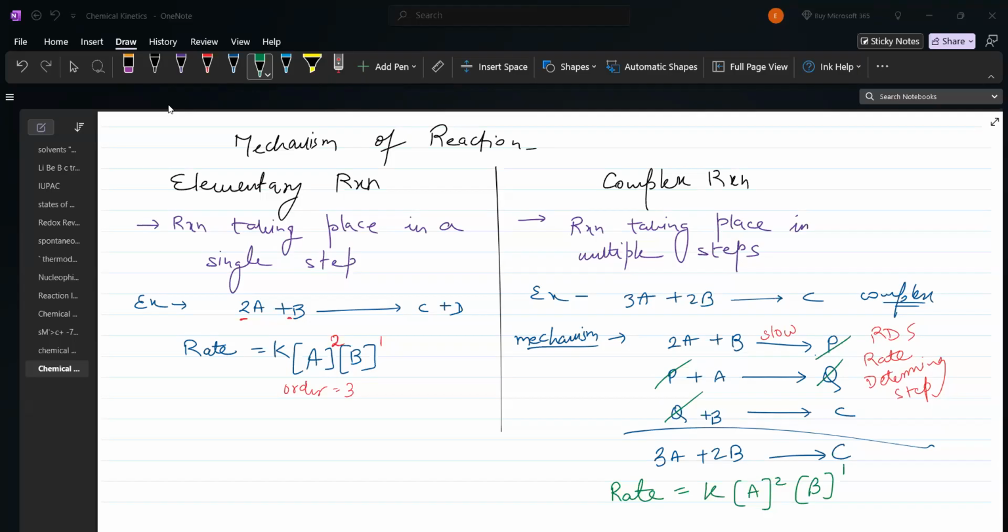So the rate of reaction is completely dependent on the first step only. That is why the order is coming from that reaction only. So we have written A to the power 2 and B to the power 1.